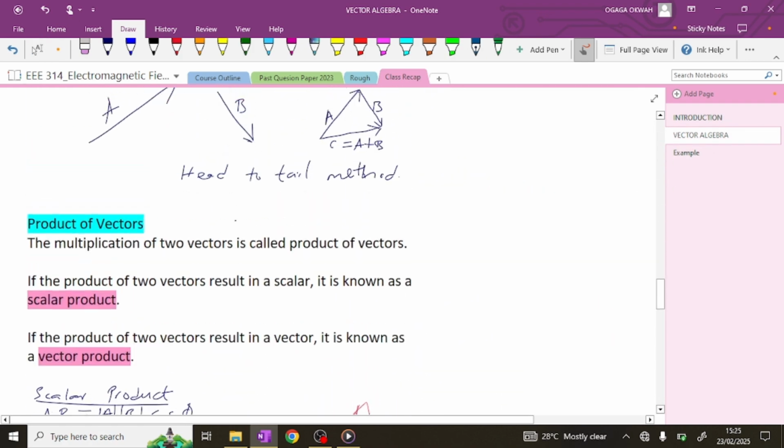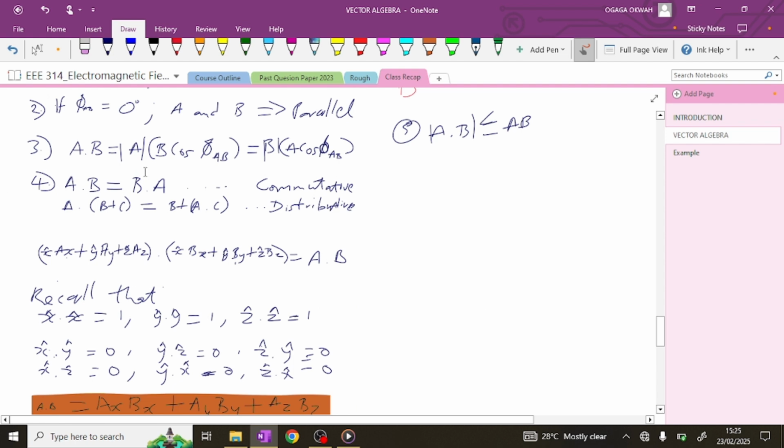Okay, here it is. This part, B cos phi AB, is the magnitude of the projection of B on A, while this is the magnitude of the projection of A on B.